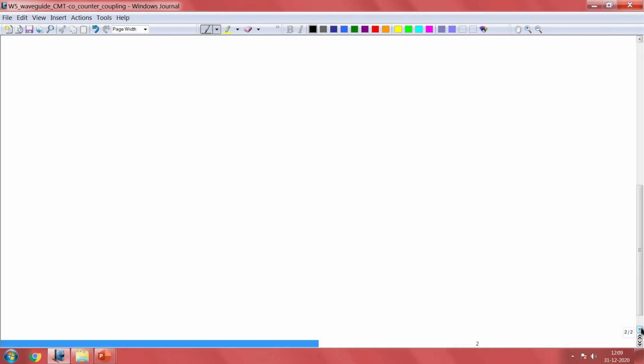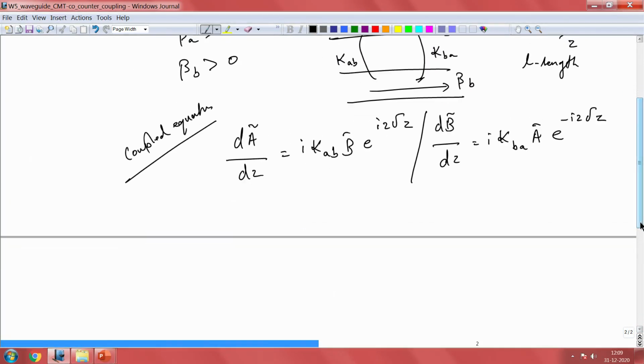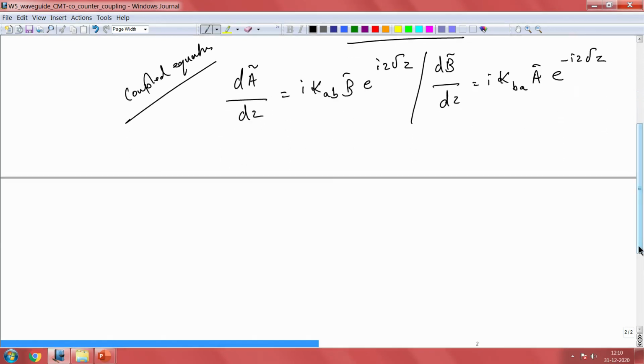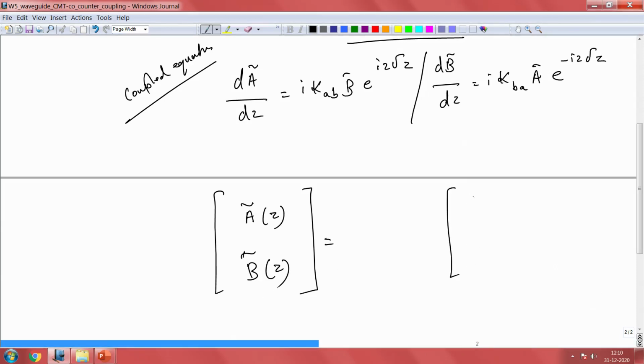We can solve this using a very simple initial value problem. We can do it as a matrix. What is the field A and B along z, when your starting point is given by these?